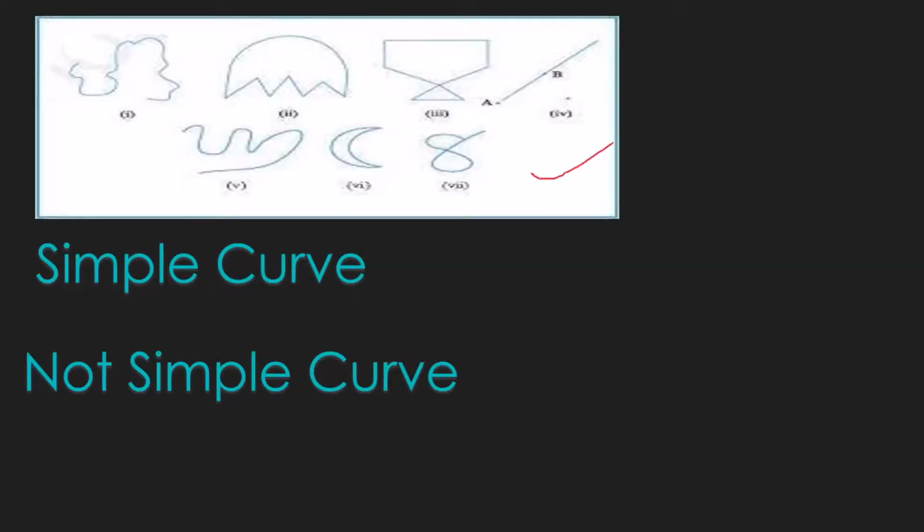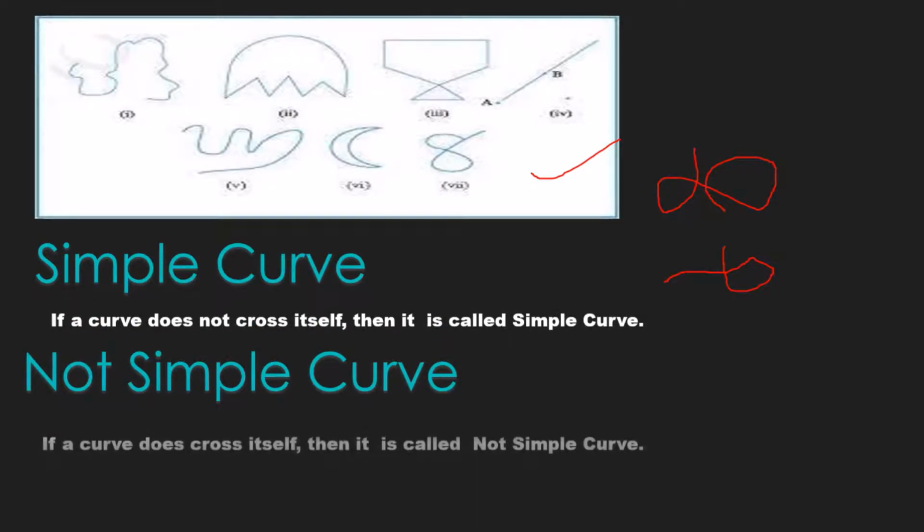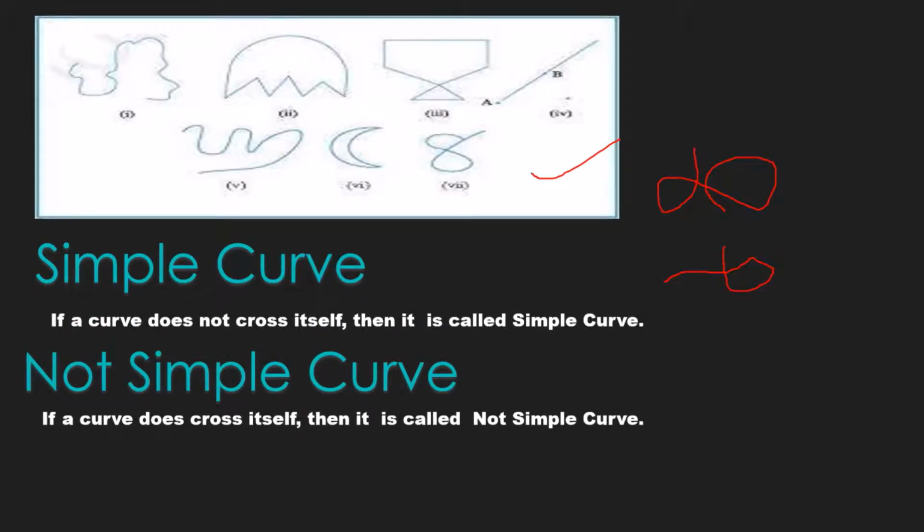In this picture also there are some open paths and some closed. Some curves are crossing themselves and some are not. So we distinguish on that basis between simple curves and not simple curves.